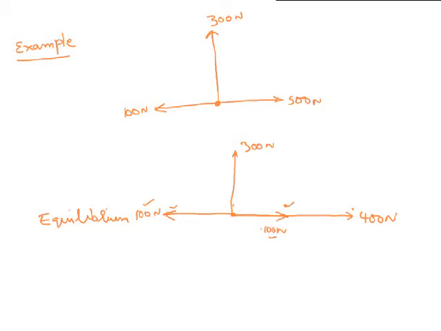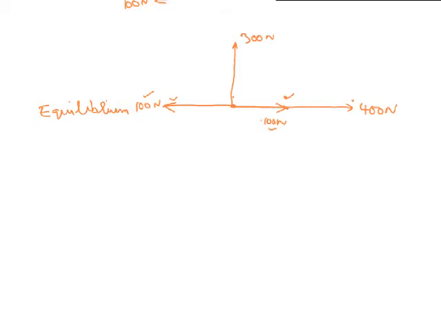Because they are a set of forces in equilibrium, you can subtract them according to the principle of superposition. Then the situation is like you have a 300 newton force and a 400 newton force.